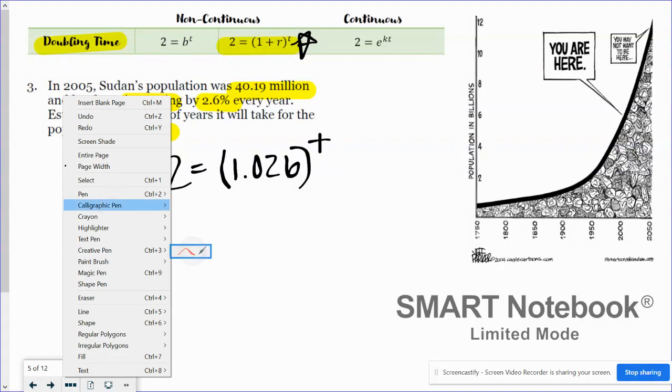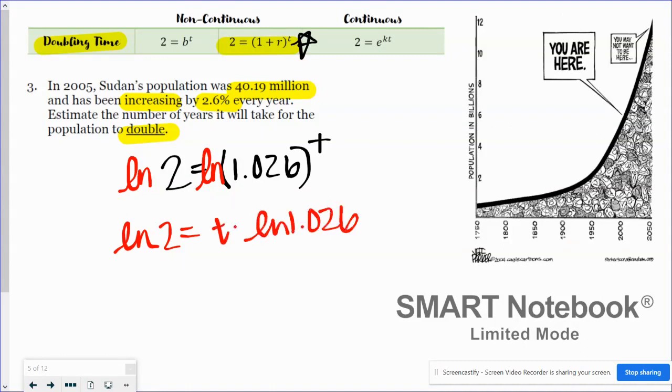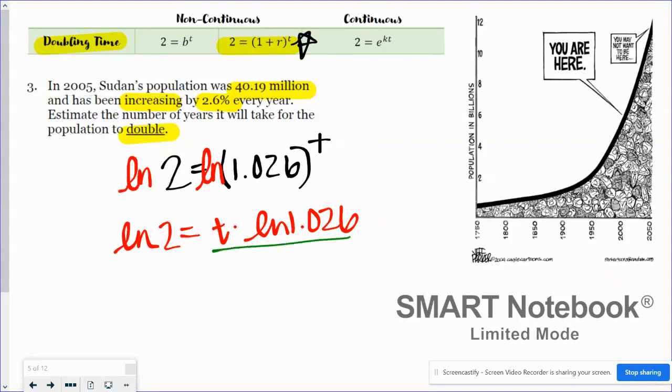So I'm going to solve this by using my logarithms. I'm going to take the natural log of both sides. So that's going to give me that the natural log of 2 is equal to t times the natural log of 1.026. And then to get t all by itself, I would need to divide both sides by the natural log of 1.026.